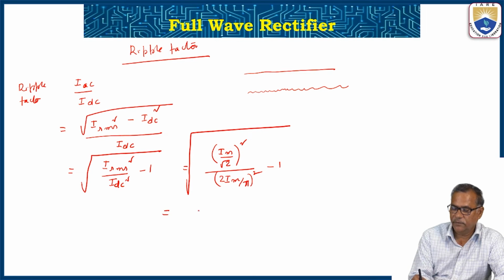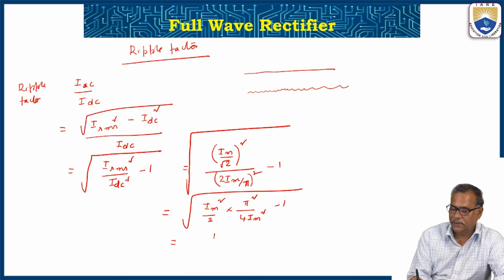So this is equal to Im square by 2 into pi square divided by 4 Im square, minus 1. So this will give us the value pi square divided by 8 minus 1.